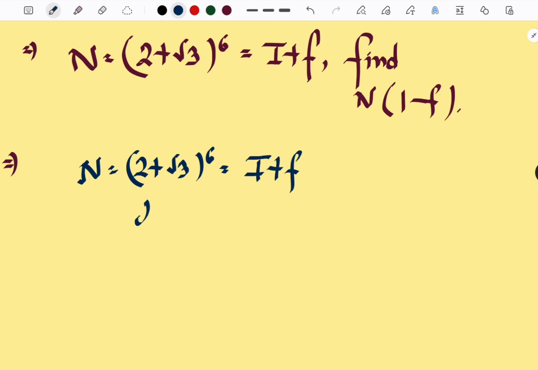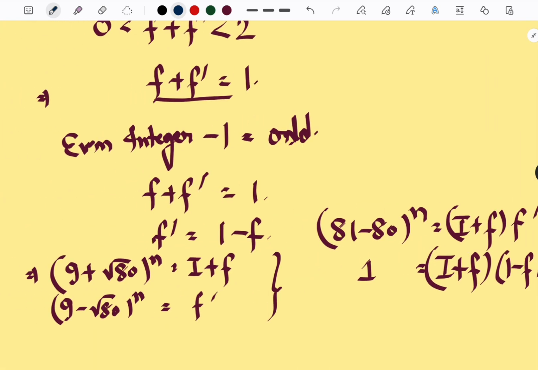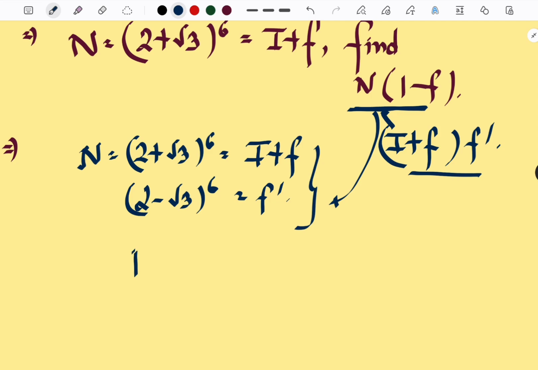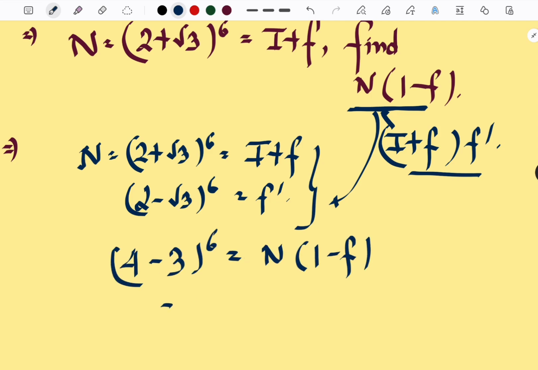So we'll consider (2 minus root 3)^6 is equal to f'. What we have to find out is n times (1 minus f). From the previous discussion, we know f' is equal to 1 minus f. Basically they are asking us to find the product of I plus f, which is n, and f'. It's as simple as that: we have to multiply these two. So we'll say (4 minus 3)^6 is equal to n times (1 minus f), which is equal to 1.